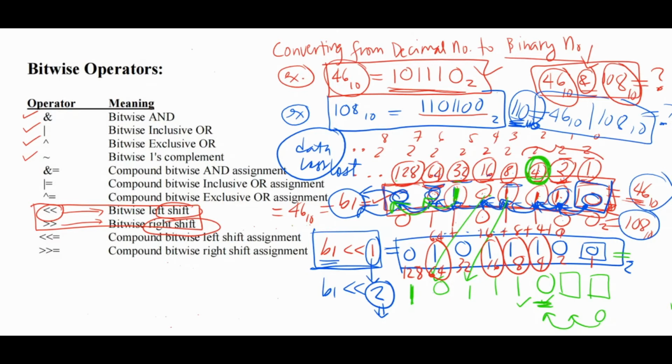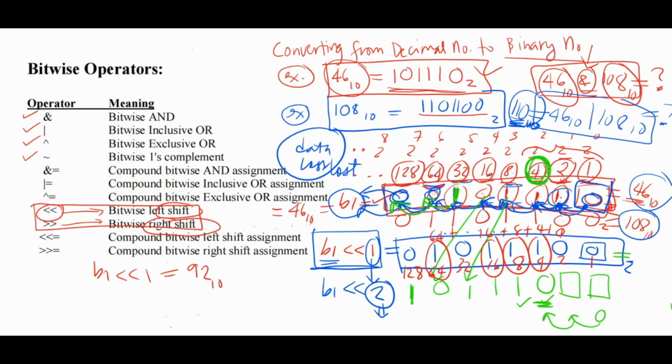So what is the sum of the products? We have 64 plus 16 plus 8 plus 4. So the answer is 92. So B1 shift left 1 is equal to 92.